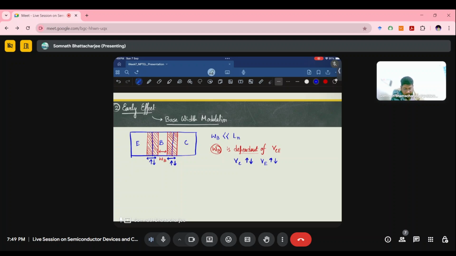So the value of WB will change. So this is a function of VCE anyways. Based on the change in VC and VE, the value of WB, that is the effective base width, will change. So the output current, that is the collector current, is also dependent on VCE.